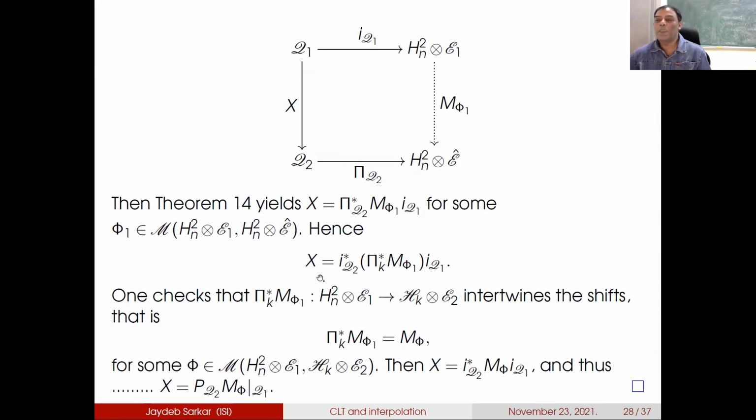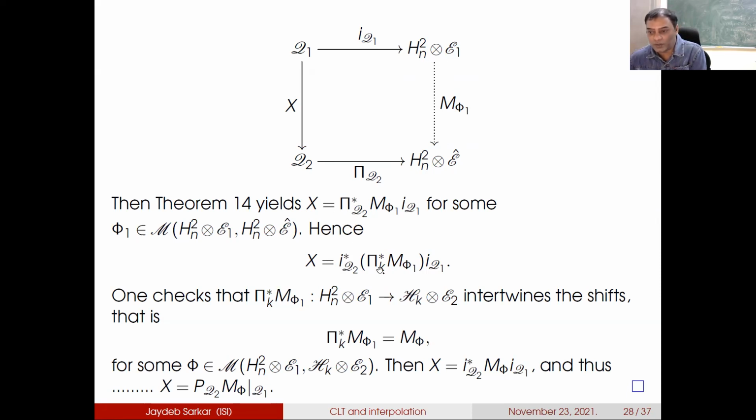Once it is done, then you are going to have X as pi star Q2 M phi1 I of Q1. As I said, the diagram commutes for some phi1. So just unfold the definition of pi star Q2 and you get that.